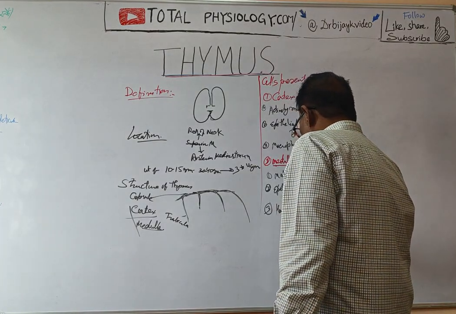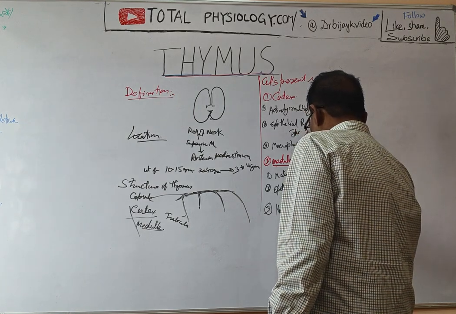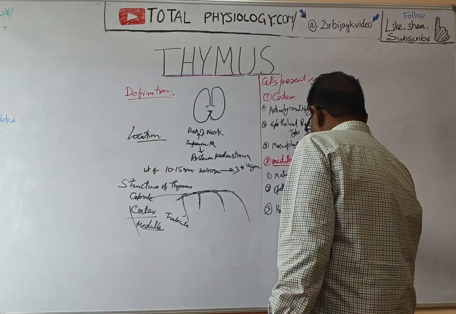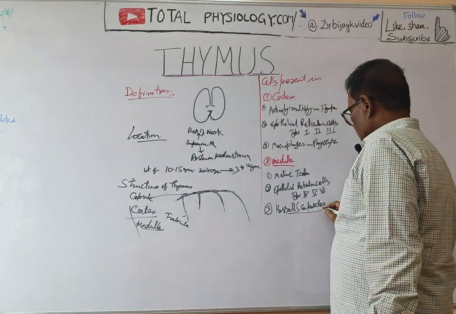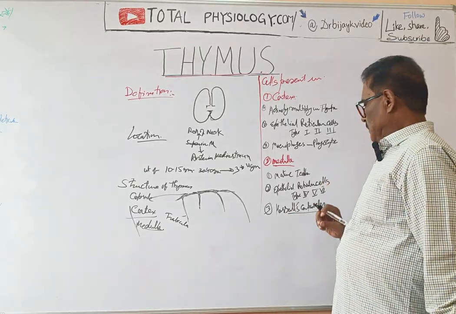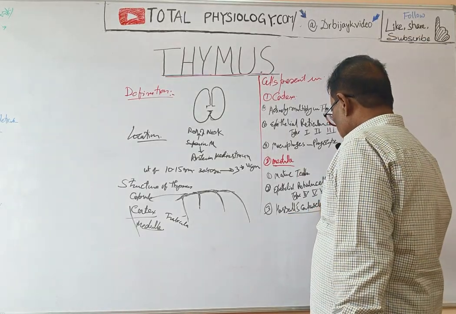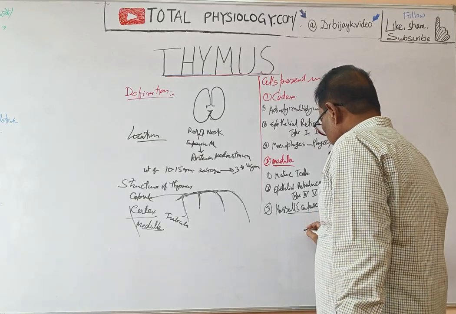Hassall's corpuscle is present in the medulla, and this is a very specific characteristic of the thymus gland. The structure of these Hassall's corpuscles is very peculiar.